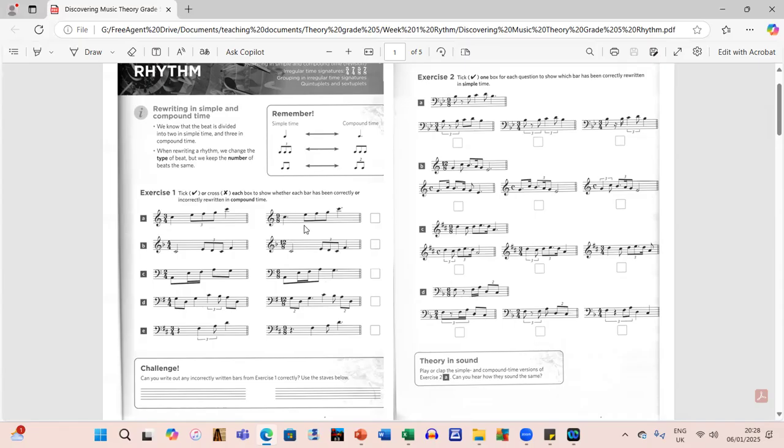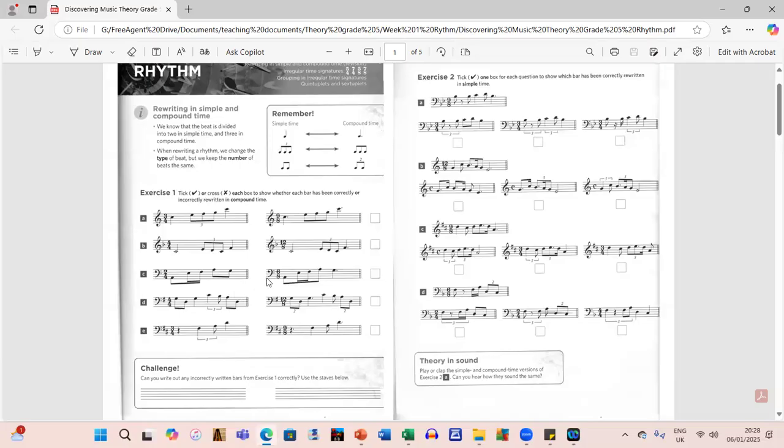So it'll be 1, 2, 3, 4, 5, 6, 7, 8, 9. So your 3 groups would be, beat 1 would be 1, 2, 3, beat 2 would be 4, 5, 6, and then beat 3 would be 7, 8, 9. Okay, so hopefully you can see that has been correctly rewritten. All right. So let's do another one.